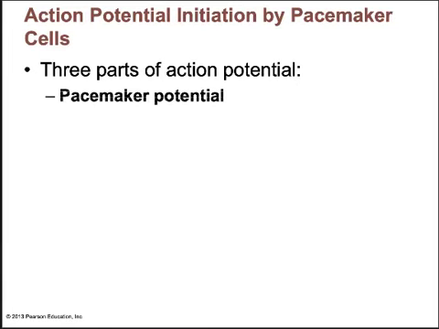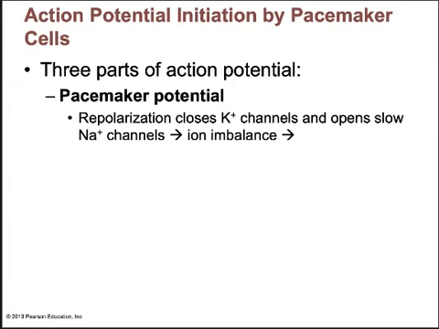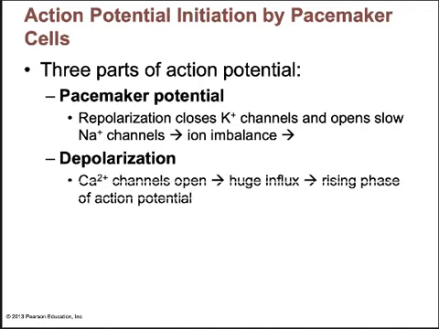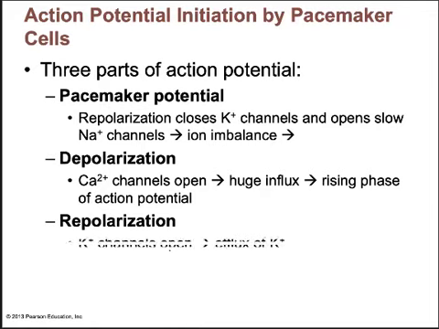The action potential consists of a pacemaker potential. Repolarization closes the potassium channels and opens slow sodium channels. Ion imbalance results. In depolarization, calcium channels open, calcium rushes in, a rising phase of the action potential takes place, and then in repolarization, calcium channels shut, potassium channels open, potassium rushes out.